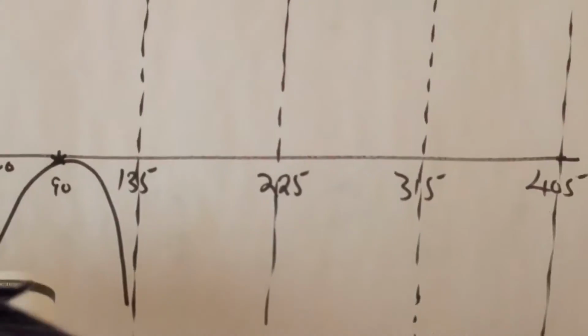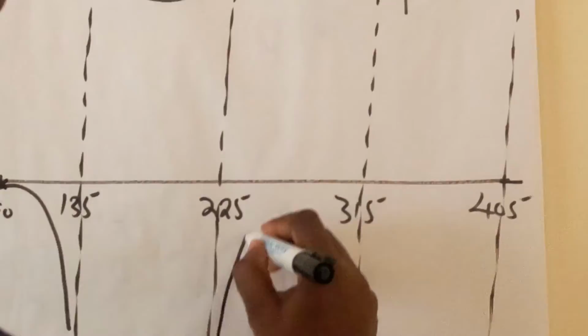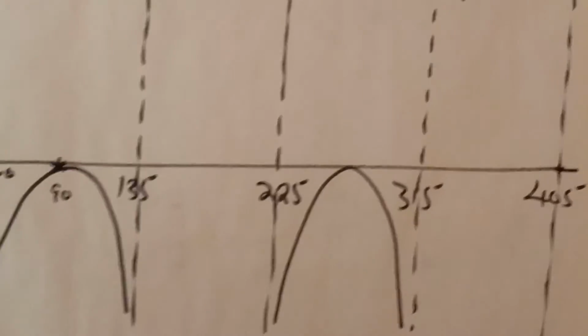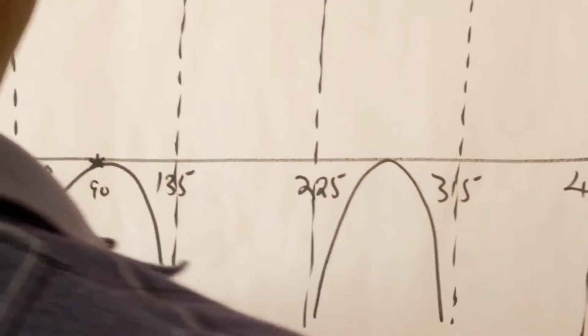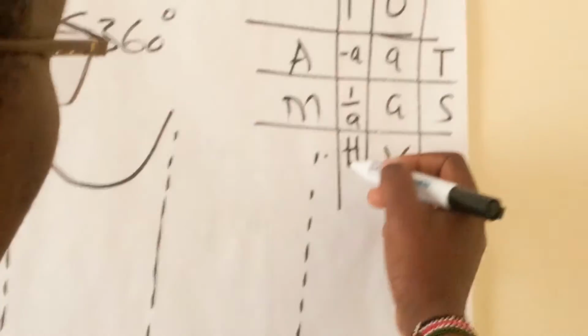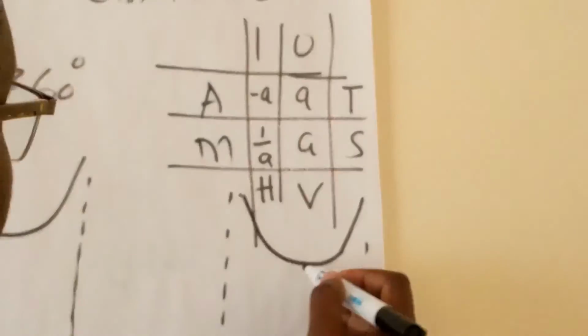From 225 to 315, we have another curve that turns at the value of y being equal to 0. And moving forward, you will see another turning point that is at 1.